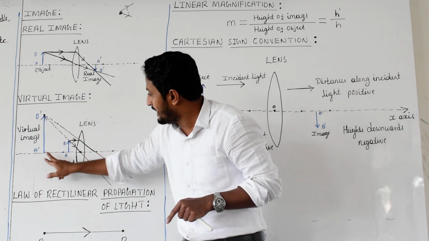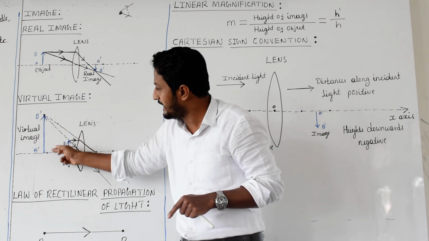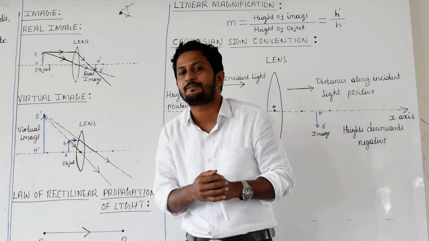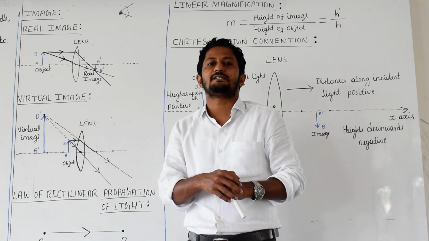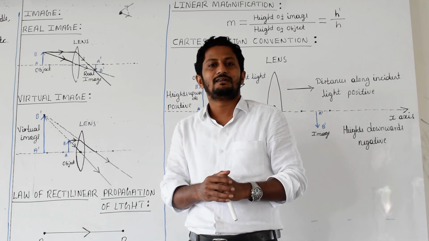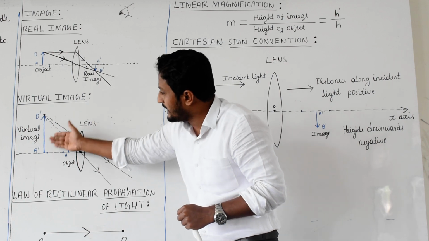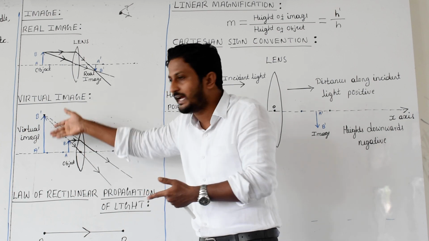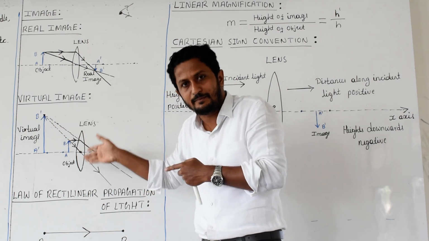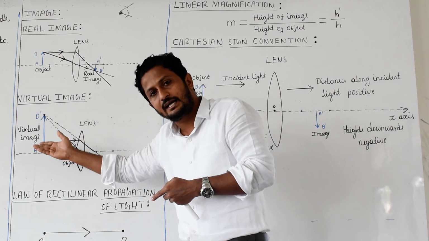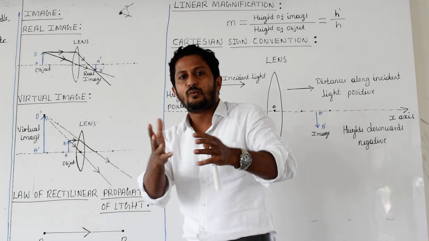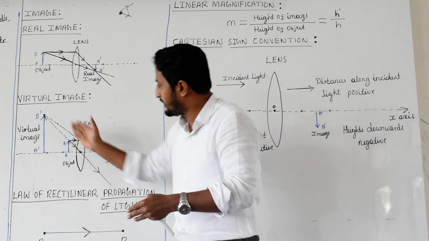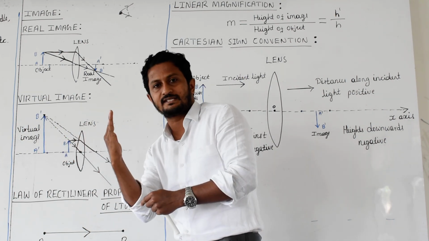So here, A dash B dash is the image. Which kind of image? It's a virtual image. Why do we call it virtual? Because we can see that image A dash B dash as being there, but if we go there and keep a screen, we will not get its physical appearance on the screen.